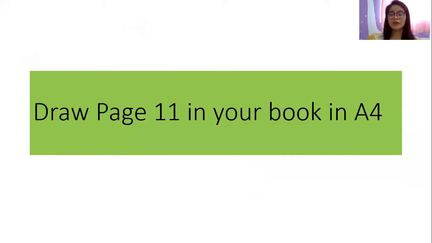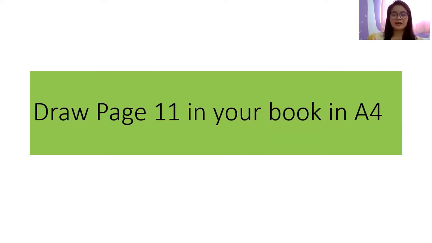Those who have already finished, there are maybe 3, no need. For those who have not yet finished, please draw page 11 in your book on A4 and send it in line. I'm going to see who drew. And I want everybody to do it.